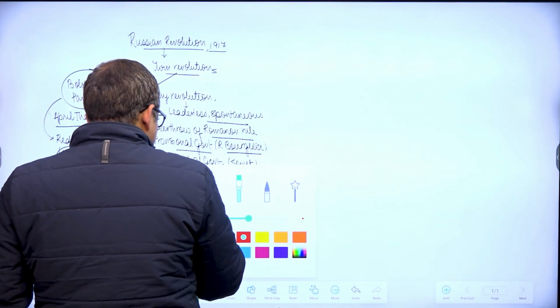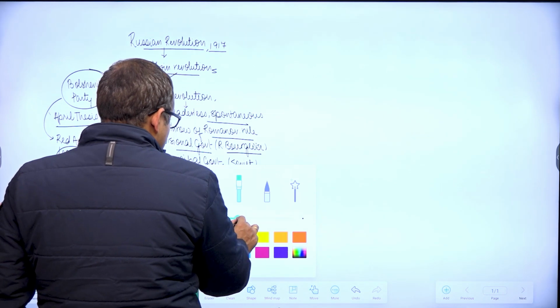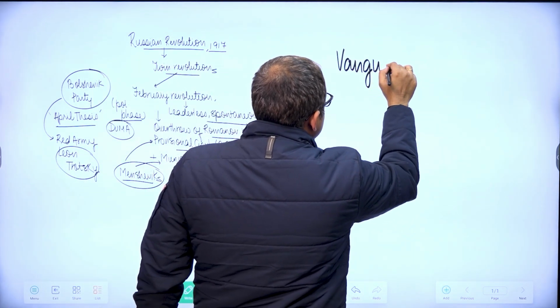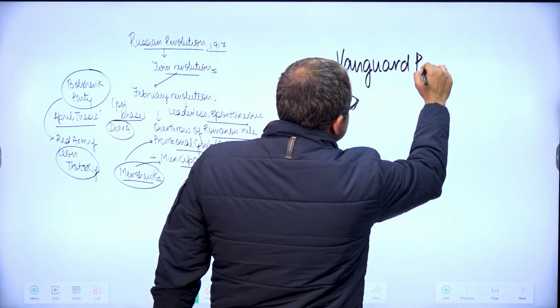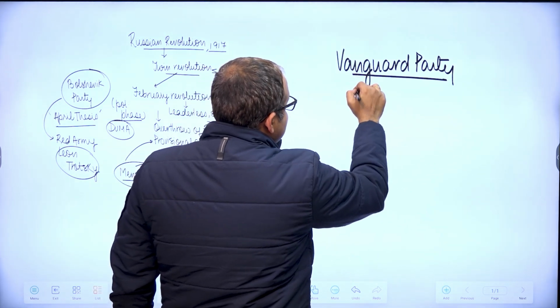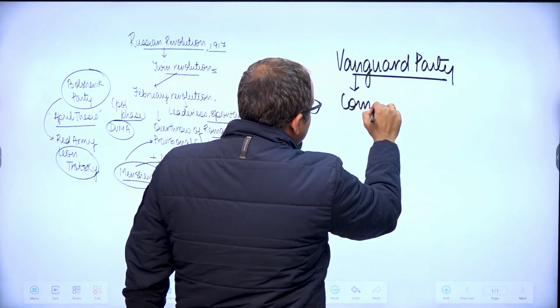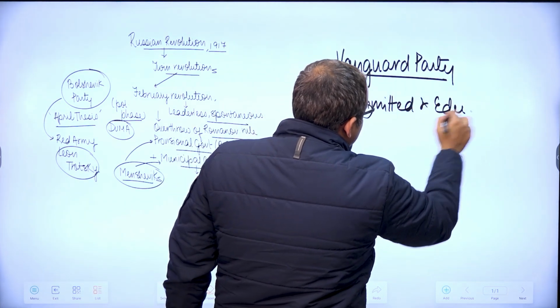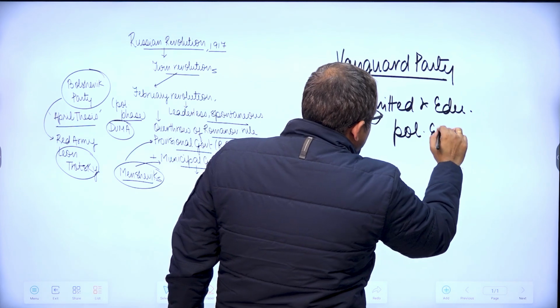Lenin says that revolution should be led by what he calls the Vanguard Party, a party at the forefront, and this Vanguard Party would consist of committed and educated political elites.